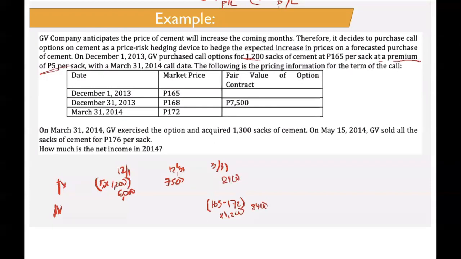Let's compute the intrinsic value on December 1. We have again 165, which is our strike price. After we compute the strike price of 165, we compare it to the market price: 165 times 1,200.